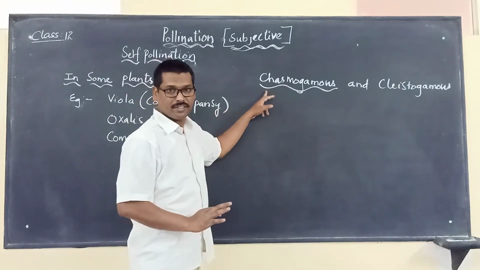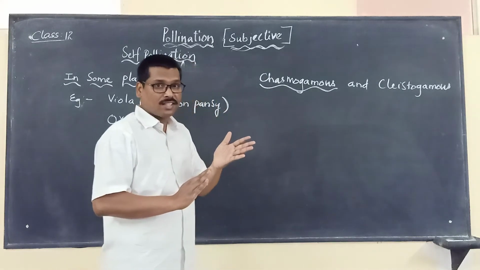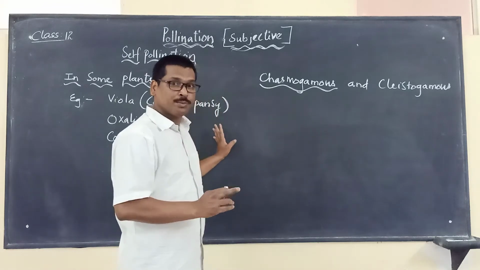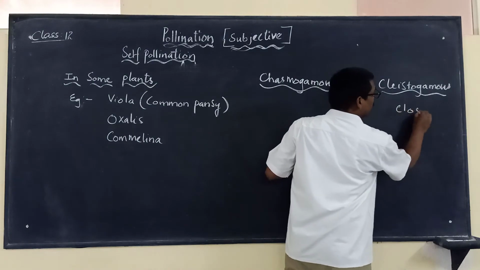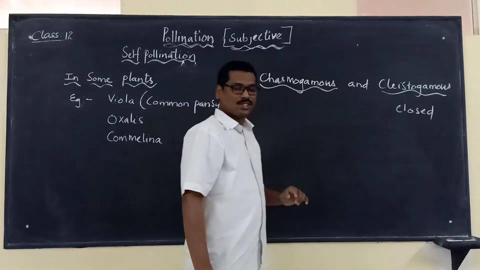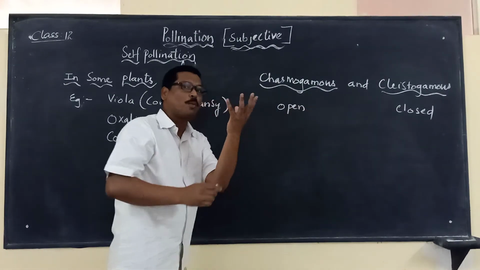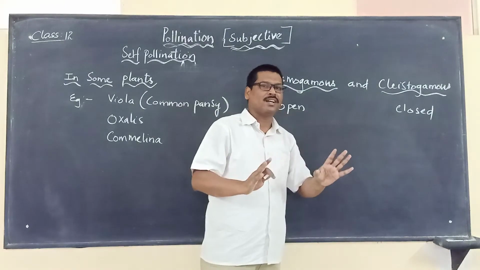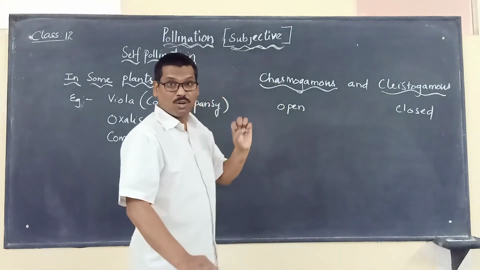But the same plants also show another type of flowers which are completely closed. Chasmogamous flowers are open all the time. But cleistogamous flowers are always kept closed.